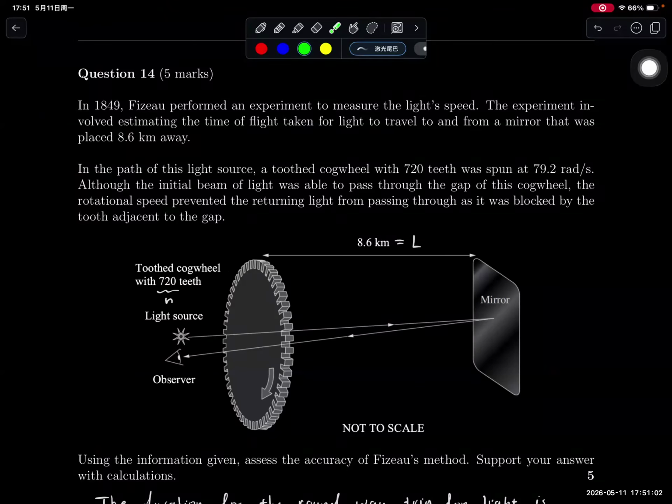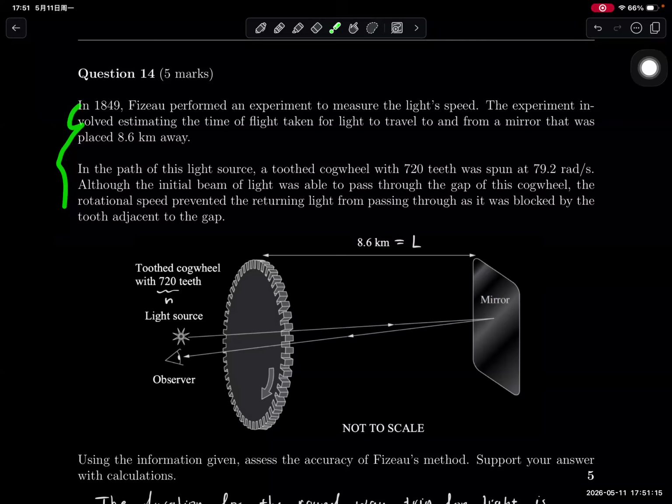There is a bunch of information here, because people didn't remember Fizeau's experiment. If the question explicitly asks for this experiment, they will give you information like this, so you are educated on the spot.